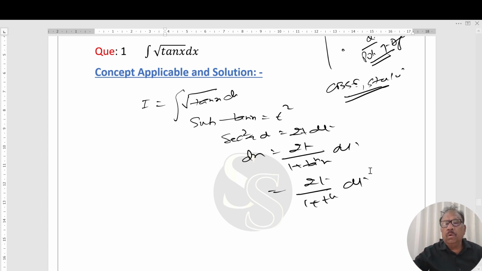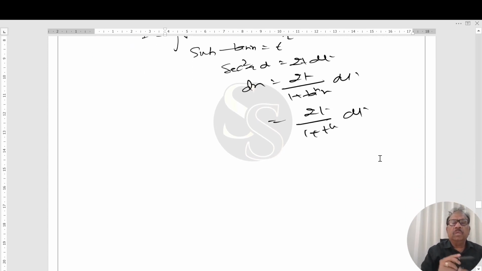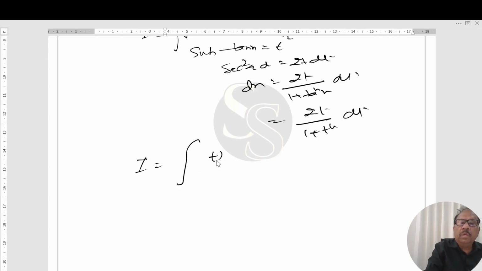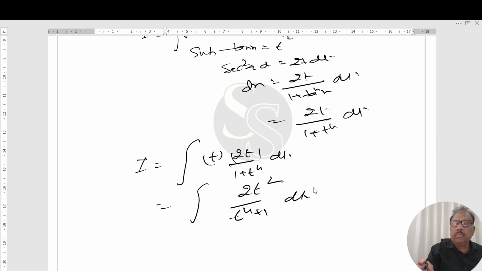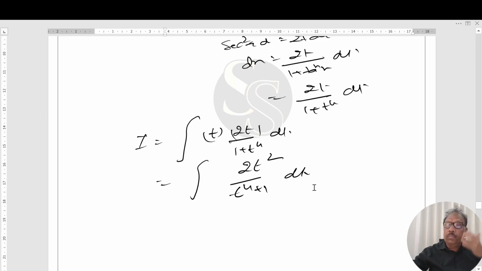Now our integration comes out to I equal to the integral of 2t square over t to the power 4 plus 1 dt. This becomes a quadratic upon a polynomial of degree 4.